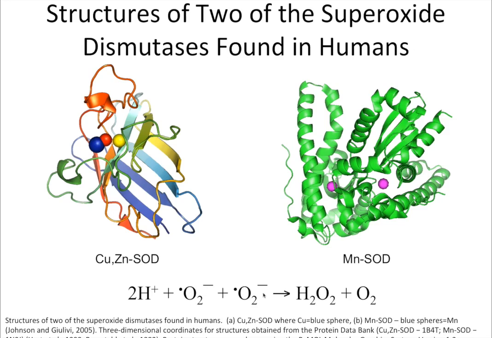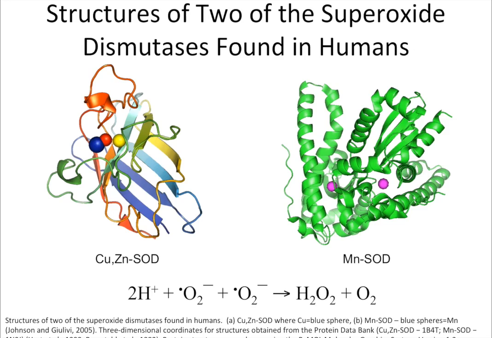These are essentially neutralized in this reaction to hydrogen peroxide and oxygen. So that's essentially the job that these enzymes do in the body, and in this case particularly in skin.